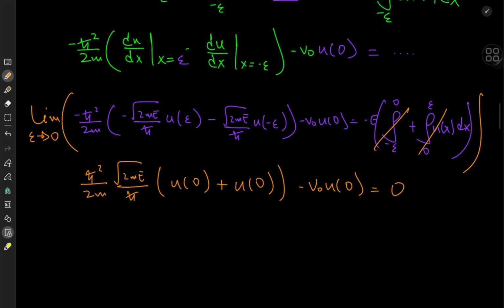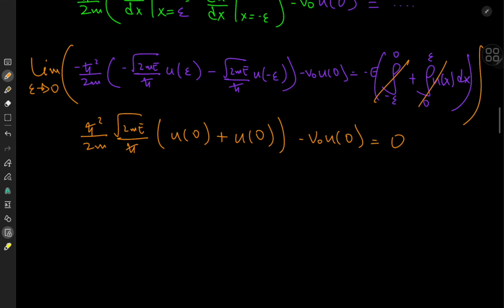So we have a big fat zero on the right-hand side, which is pretty convenient because that means I could also factor out u of 0, giving me h bar squared. Now, wait, there's some cancellation once again. So this is h bar, root 2m over 2m is another interesting opportunity for cancellation. So that is just root e over 2m times 2 from here minus v naught equal to 0.